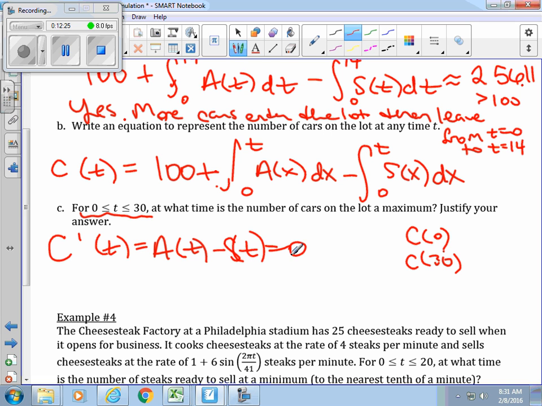And we're going to set that equal to 0. Everyone agree with that? Or in other words, we're going to set A of T equal to S of T. Isn't that what you'd want to know, when the number of cars leaving the lot surpasses the number of cars entering the lot? That makes sense, right? The rates, when those would be equal, would be an important place.